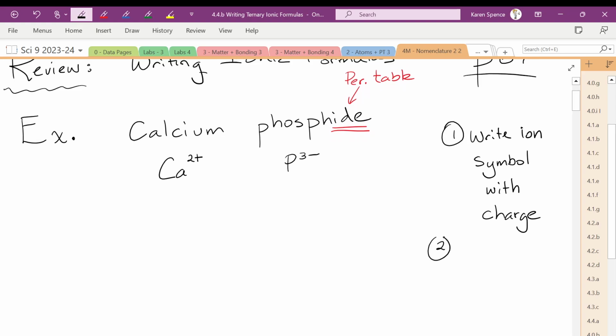Second thing we do is we make the positive charge equal to the negative charge. And we do that by saying, what is my total positive charge right now?